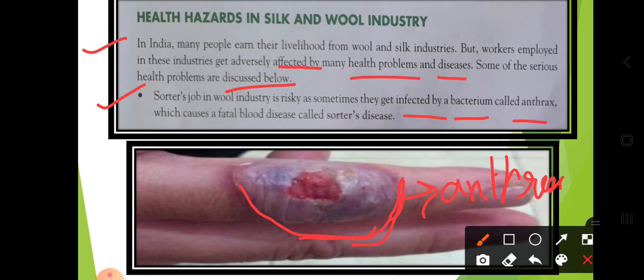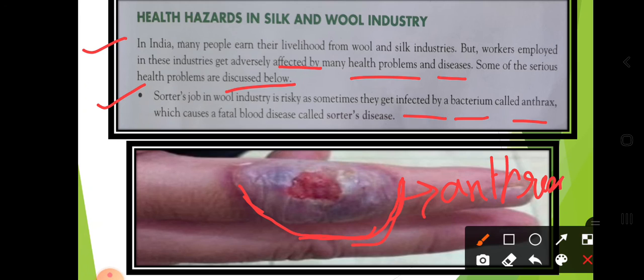If they have this disease, it is not confirmed that they will get it on the finger only. They can get it on the face, legs, or any part of the body.